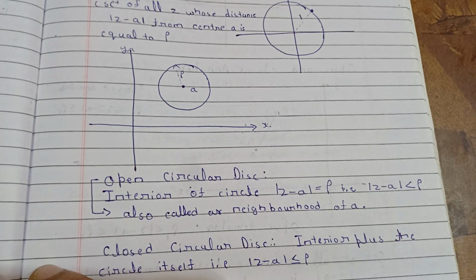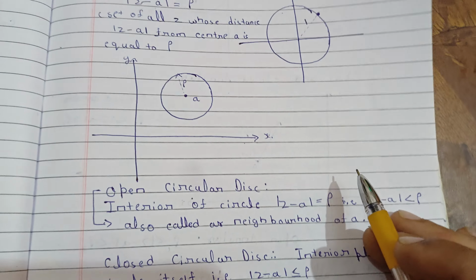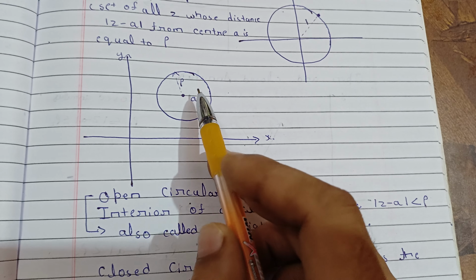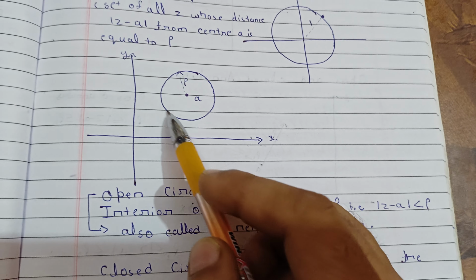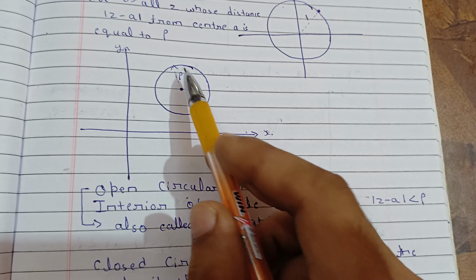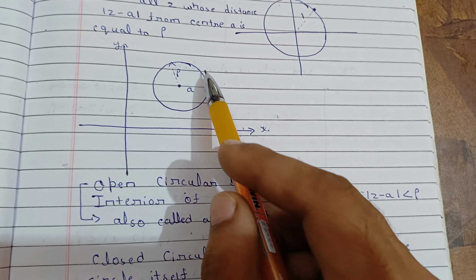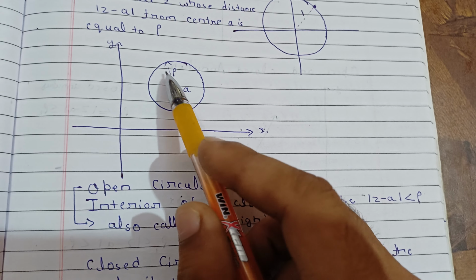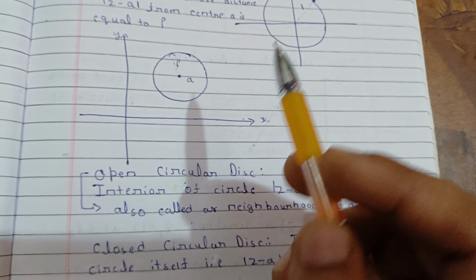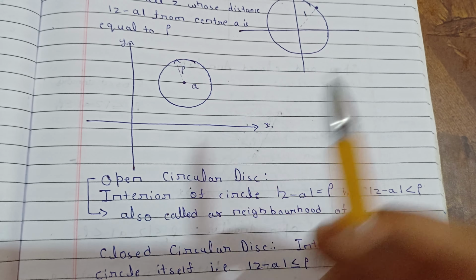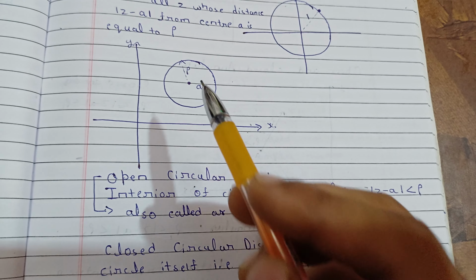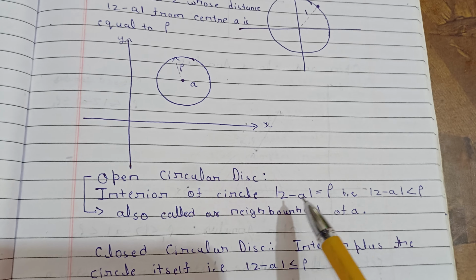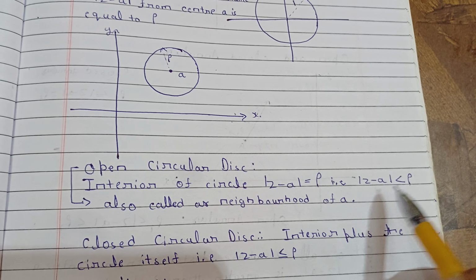Now we define open circular disk and closed circular disk. When we consider all the points inside this circle, not on this circle, meaning the circle is excluded, then we call this an open circular disk, meaning this boundary is not considered. The interior of the circle mod z minus a equal to rho is mod z minus a less than rho.